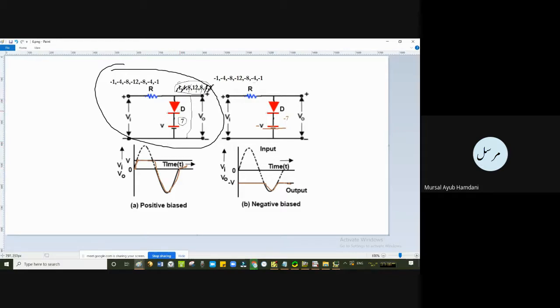You know, in the shunt case, I repeat again, that is when the diode is connected as in the figure, in shunt or in parallel with the input voltage source, the output will follow the input only when the diode is open circuit, and the diode will be open circuit when we have a reverse bias.